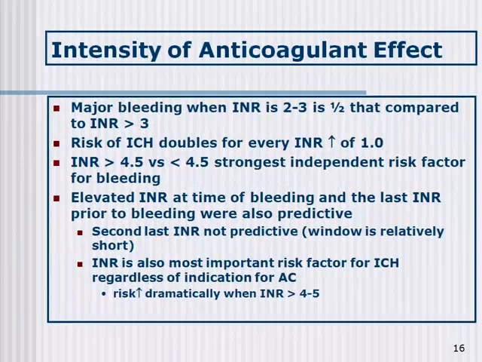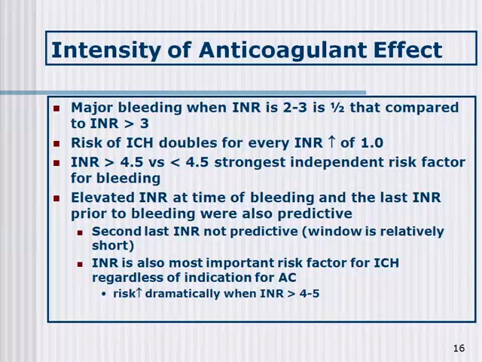So we'll talk about each of these risk factors on slide 16. Intensity of anticoagulant effect. We know that major bleeding, when your INR is between 2 and 3, is half of that rate if the INR is above 3. For every increase in the INR of 1, the risk of intracranial hemorrhage doubles, and this is particularly when you get above 3.